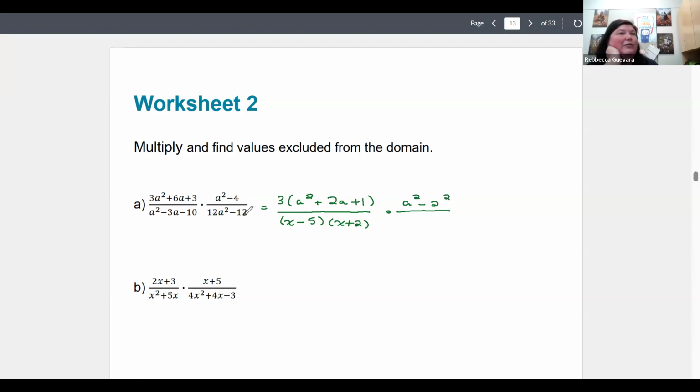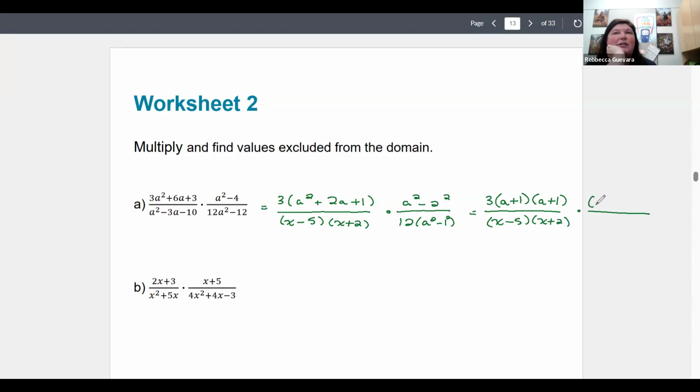And then here we can factor out a 12, leaving me with a squared minus 1, which is also another difference of squares, because we have 1 squared. Then for the other, we need two numbers that multiply together to give us 1 and add to give us 2. Well, that's just a plus 1, a plus 1, divided by a minus 5 times a plus 2.